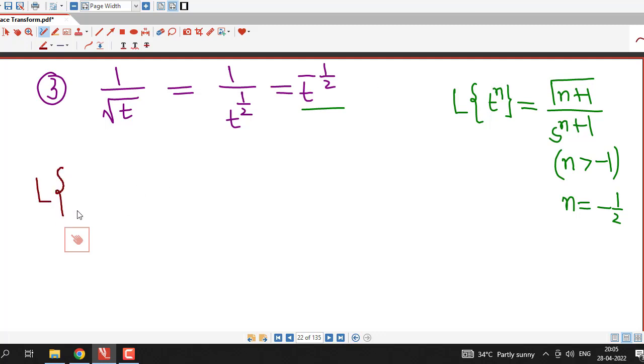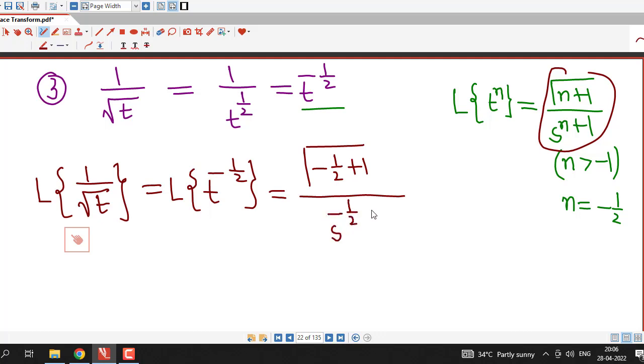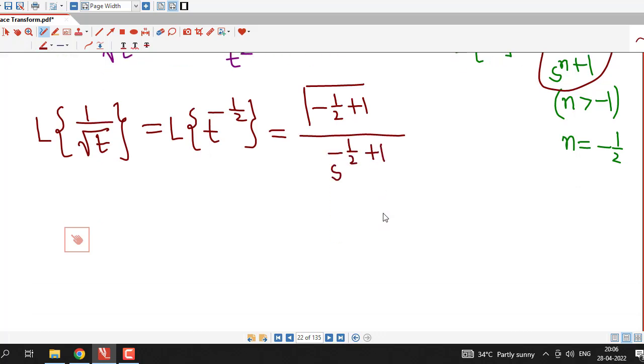Laplace transform of 1 divided by square root of t is equal to Laplace transform of t raised to minus 1 by 2, and using this formula for n equal to minus 1 by 2, we have gamma function of minus 1 by 2 plus 1 divided by s raised to minus 1 by 2 plus 1.